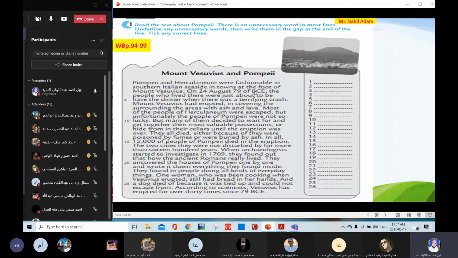And it has erupted over 30 times since 79. It has caused the destruction of two cities. What are they? They are Pompeii and Herculaneum. These were the cities that were destroyed by the Mount Vesuv volcano.